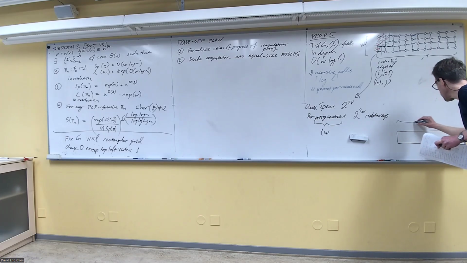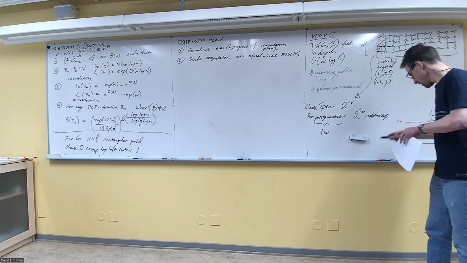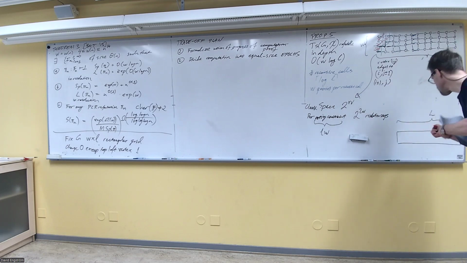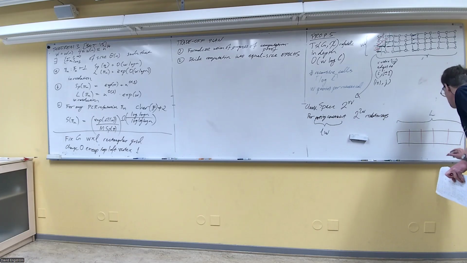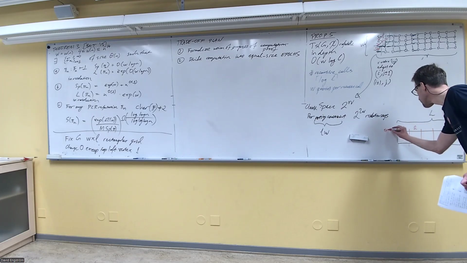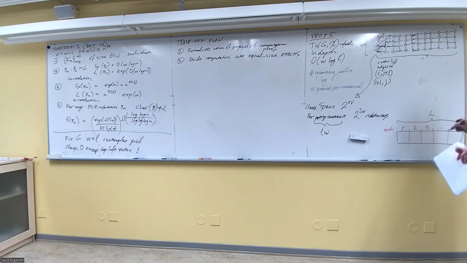I'm going to think of this as being the whole length of the proof. Then I'm going to chunk it up into a bunch of epochs, like epoch 1, epoch 2, 3, up to epoch n of equal size.